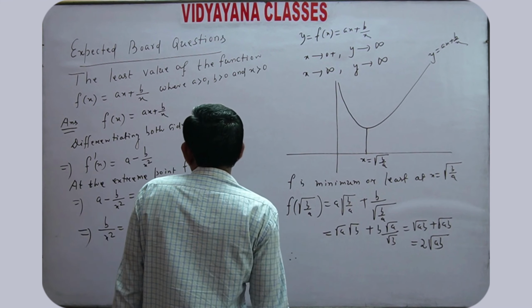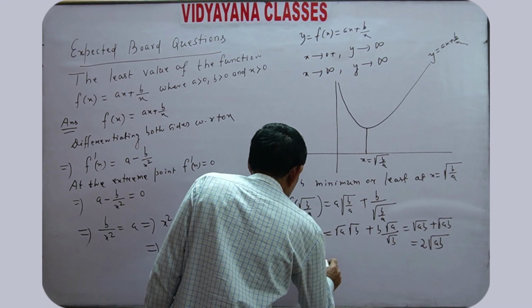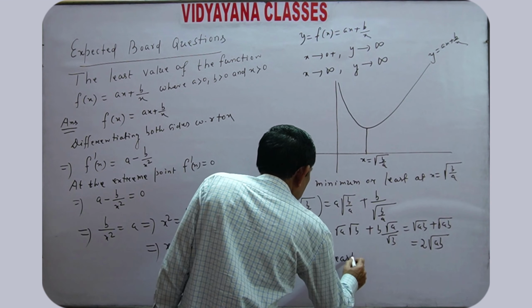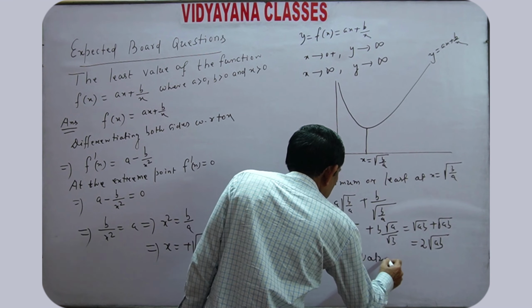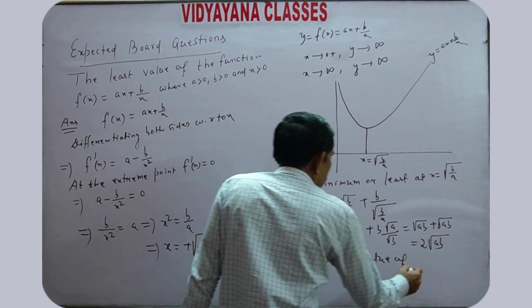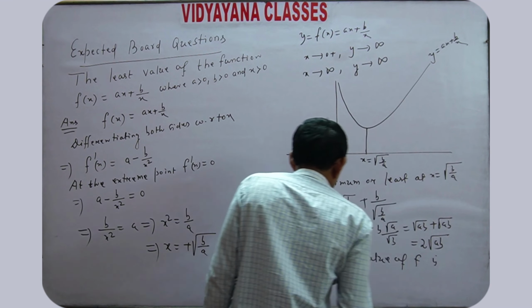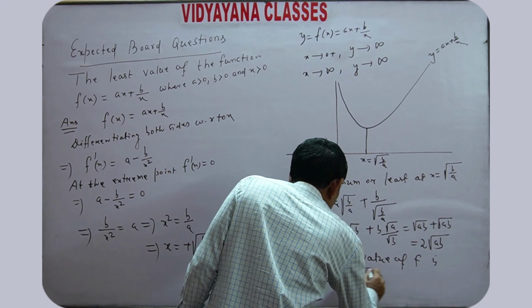Therefore, the least value of f is 2 times root of ab.